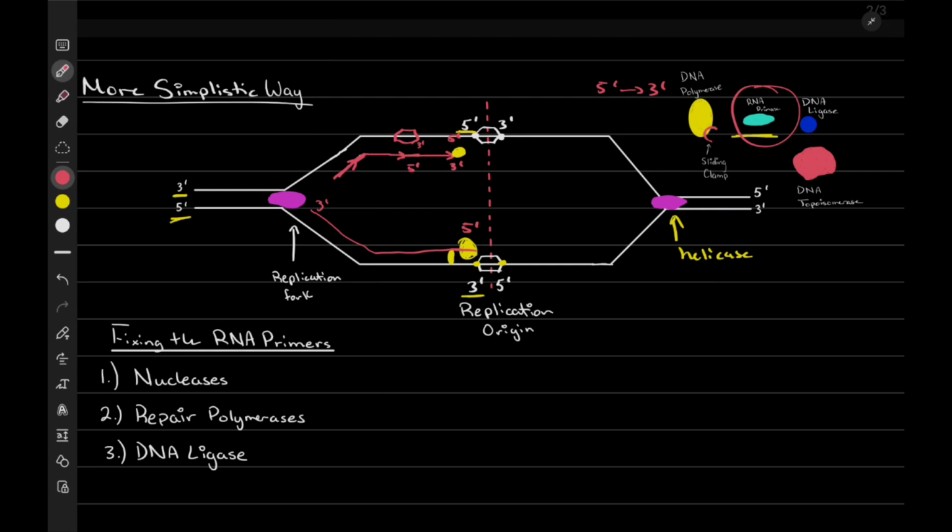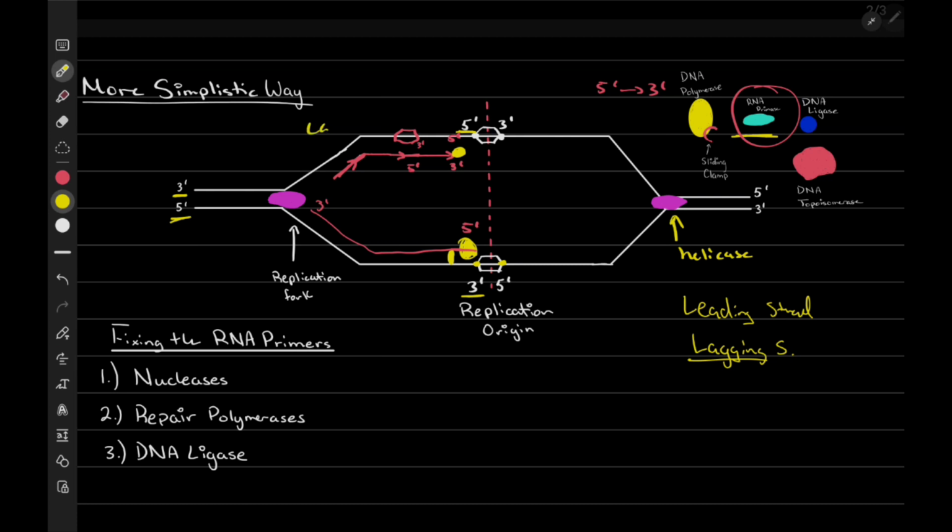So there are two other terms that I also want you to know. One is the leading strand, and the other is the lagging strand. Sorry about the bad handwriting. So lagging would basically be where you're creating your Okazaki fragments.